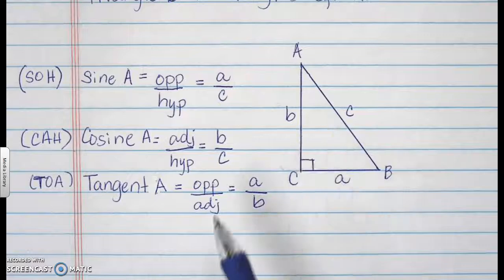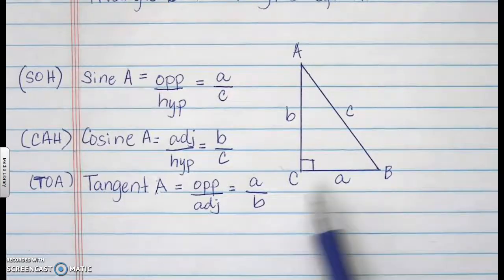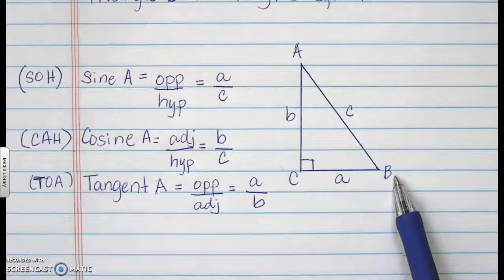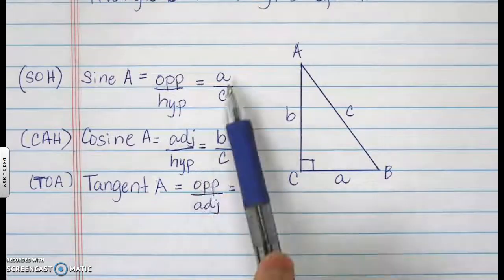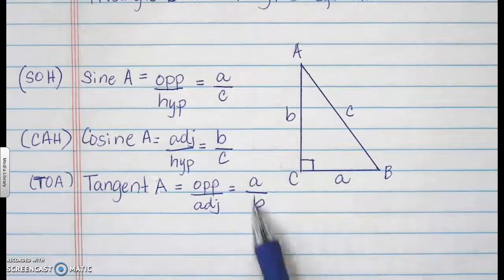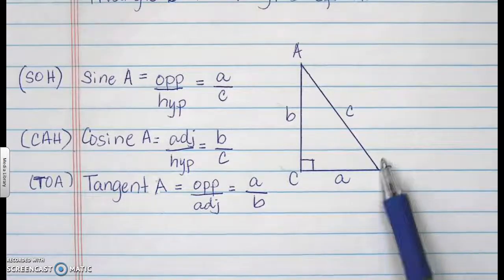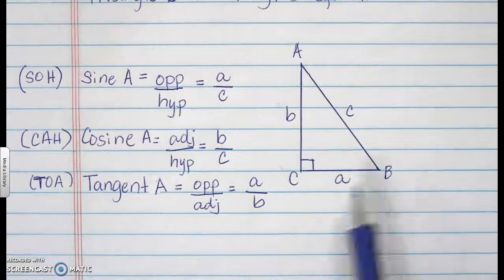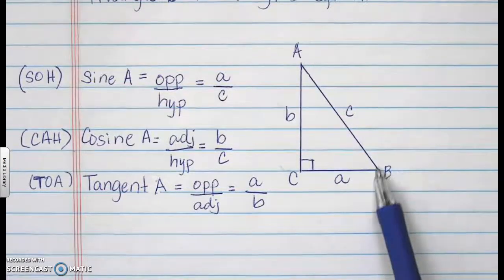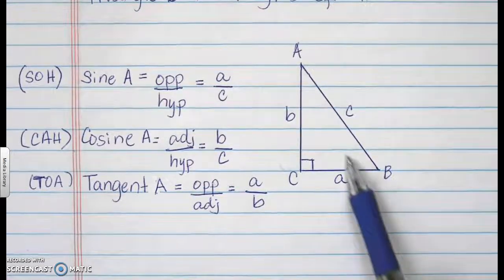Just a clarification: once your theta or your angle changes to, let's say, angle B, then all these relationships would also change, because in reference to angle B, your adjacent now becomes a, and your opposite in reference to angle B is this side right here.